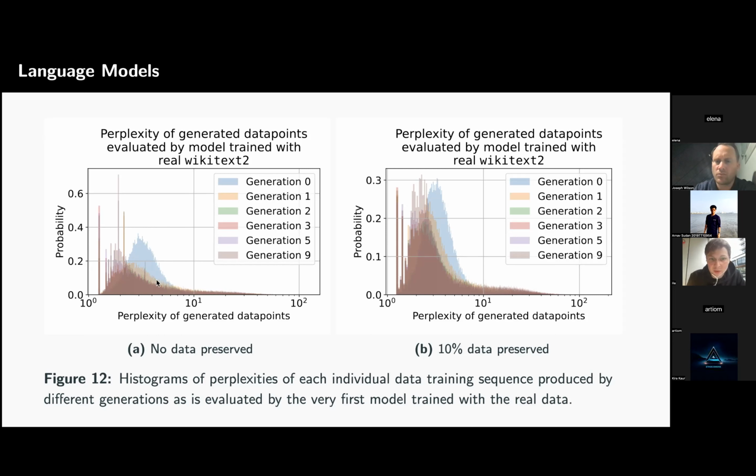Also, because here we measure the error slightly differently, as the probability of generating this sequence, our perplexities shift towards the left. This is all an estimation of the original model, similarly to the way we treated VAEs. The way to read this is that the original model thinks the data produced by subsequent generations is extremely probable. It basically thinks that whatever data my subsequent generators are producing, in the majority of cases, it's what I would produce with a very high probability.